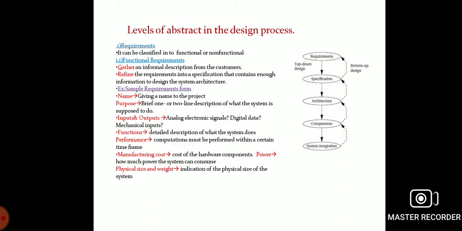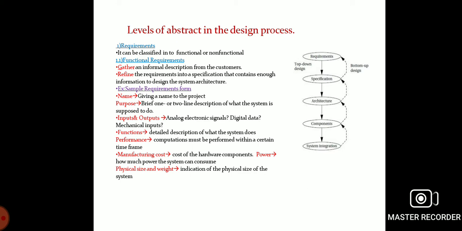Here is the level of abstraction in the design process. The first one is requirements, a collection of requirements. It can be classified into functional or non-functional requirements.